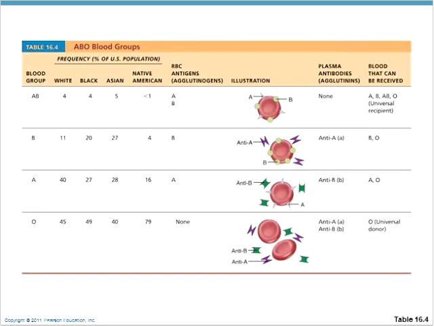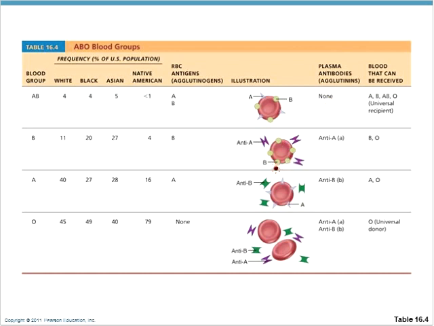As we look through this, it's really important that you get a feel for what we're talking about. What we have is A, B, AB, and O, and what you're seeing here is the incidence of when that occurs. With AB blood, we have A and B antigens on our red blood cells, but no antibodies.